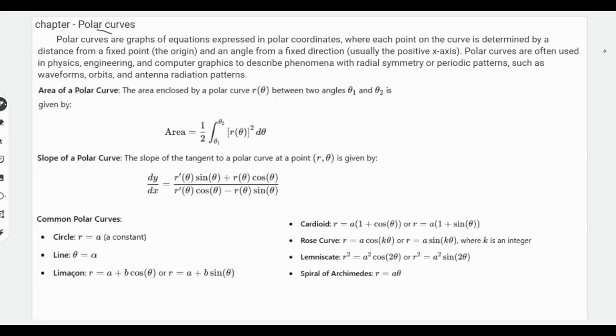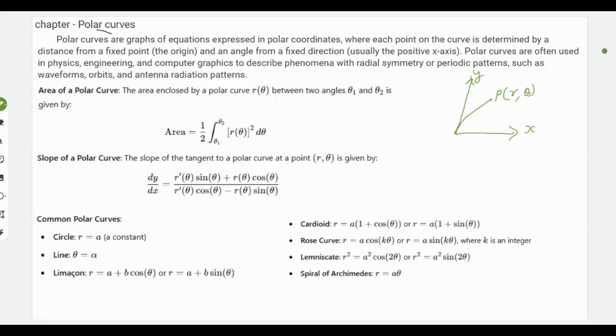Now what is meant by polar curve? Polar curves are graphs of equations expressed in polar coordinates. If you take the x and y plane, and a point placed in space, it is called (r, theta).